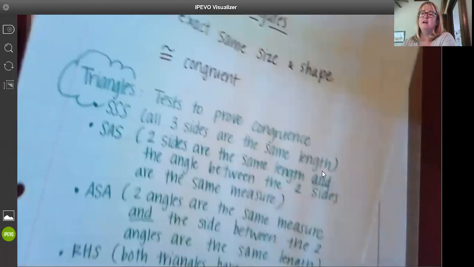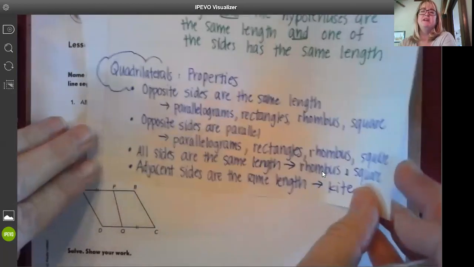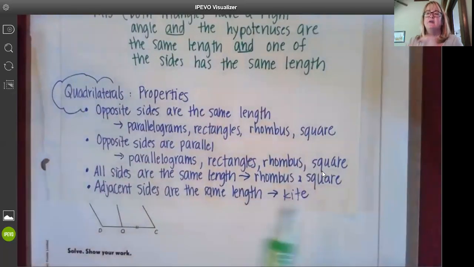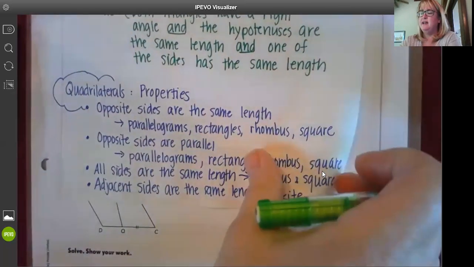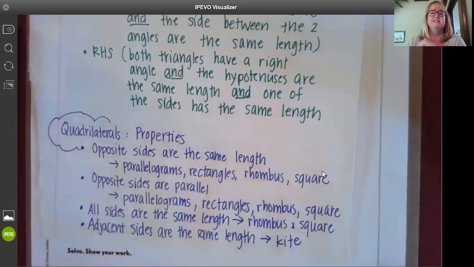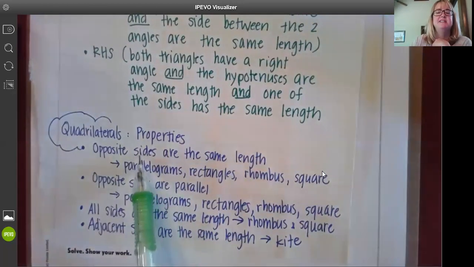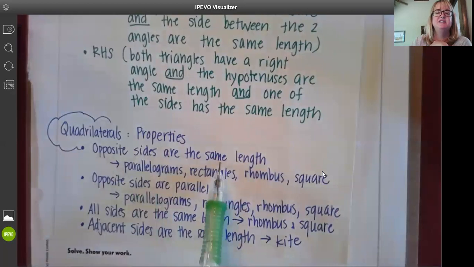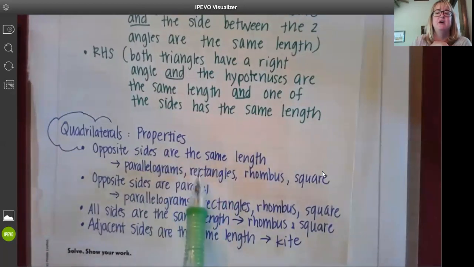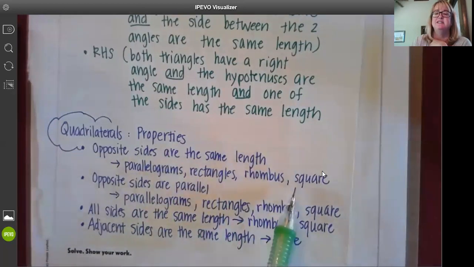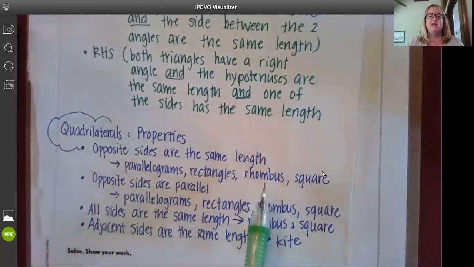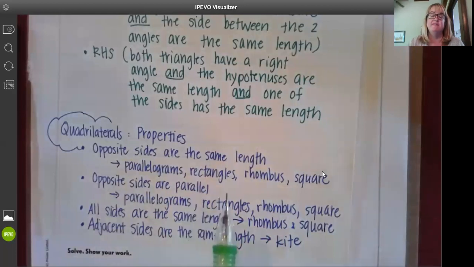Now, the other thing I wanted to talk about are some properties of quadrilaterals. Again, a quadrilateral has 4 sides. If the opposite sides are the same length, this is true for parallelograms, rectangles, rhombuses, and squares. Opposite sides means the top and bottom, and the left and right.